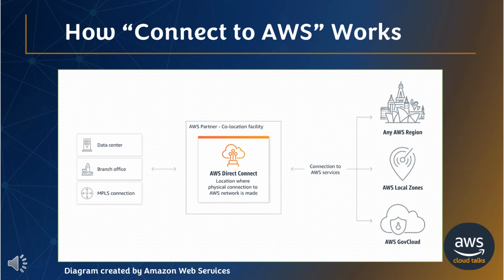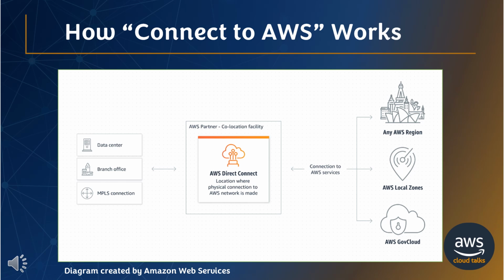This reduces the chance of hitting bottlenecks or unexpected increases in latency. When creating a new connection, you can choose a hosted connection provided by an AWS Direct Connect delivery partner, or choose a dedicated connection from AWS and deploy at AWS Direct Connect locations around the globe.